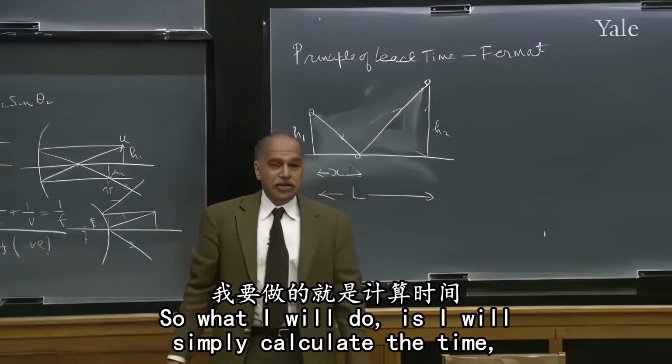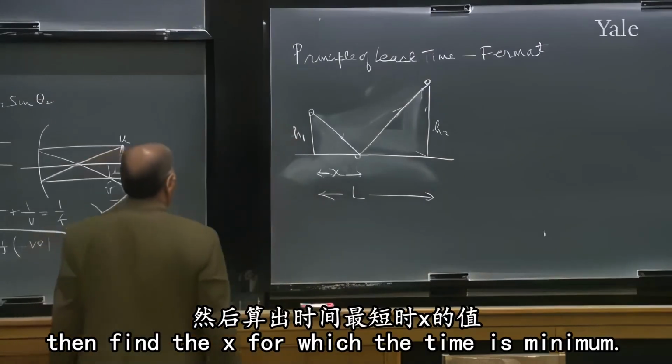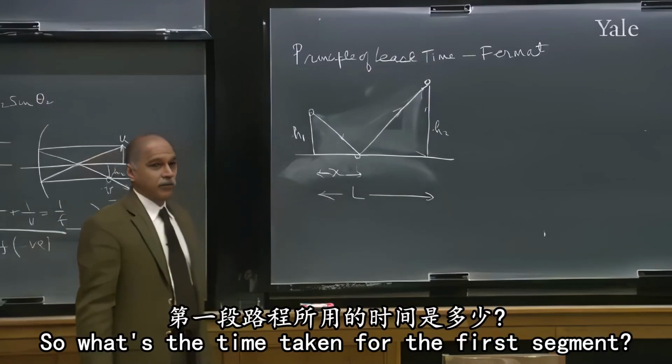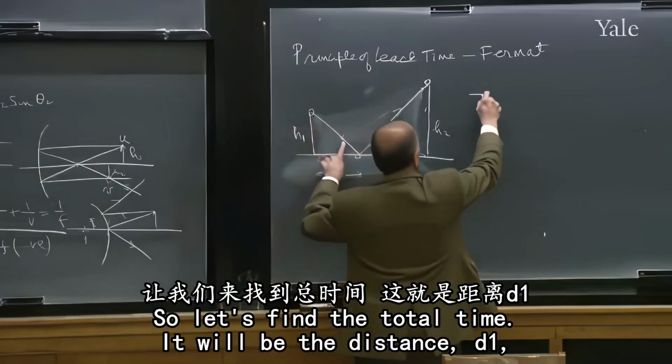So what I will do is I'll simply calculate the time, then find the x for which the time is minimum. So what's the time taken for the first segment? Let's find the total time.